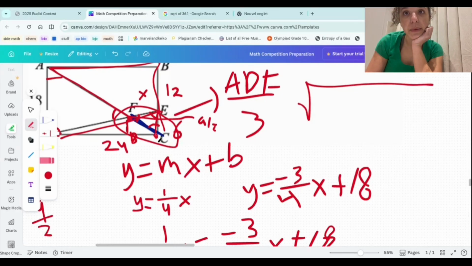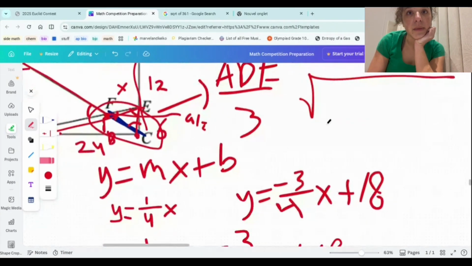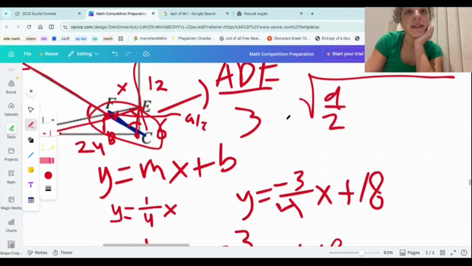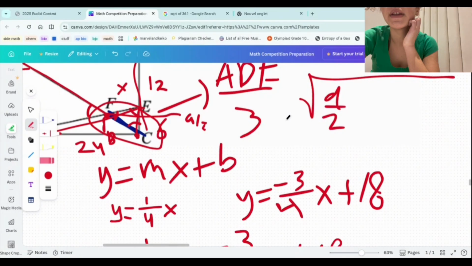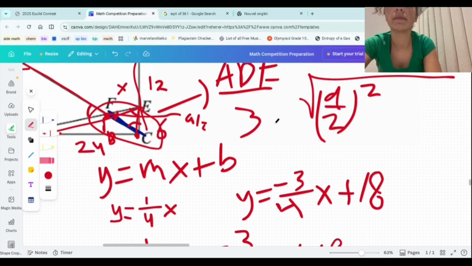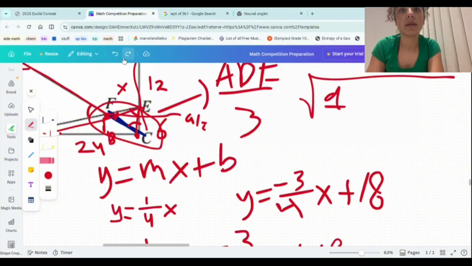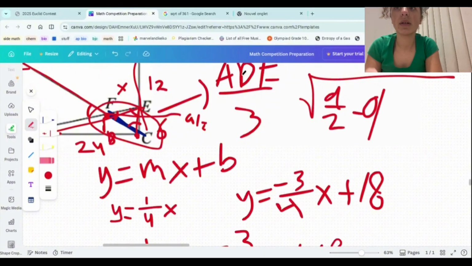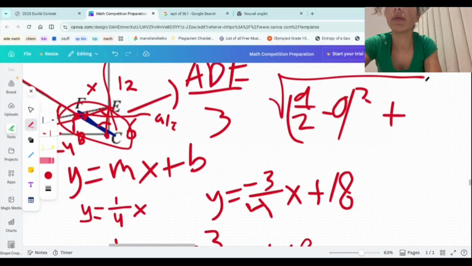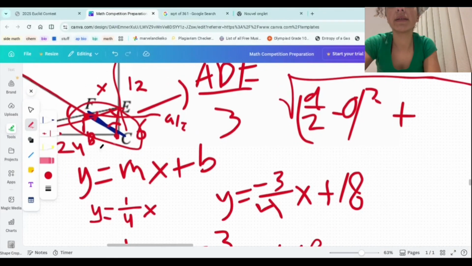So that's the square root of this. We'll take this point and this point. So it'll be, subtract their y's. So it's 9 over 2, 9 over 2 squared. Wait, sorry guys. I'm trying to just figure this out. 9 over 2 minus 0, right? That's the vertical total distance. Plus, now find the x distance.